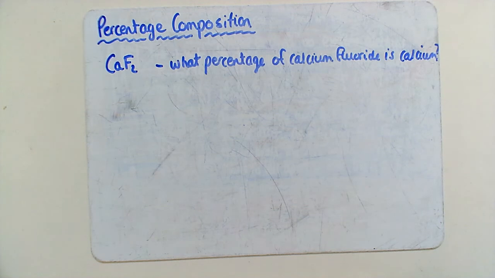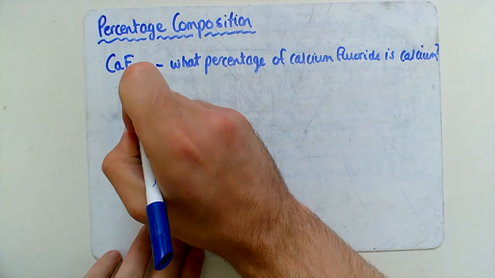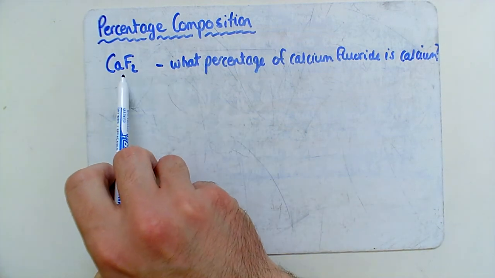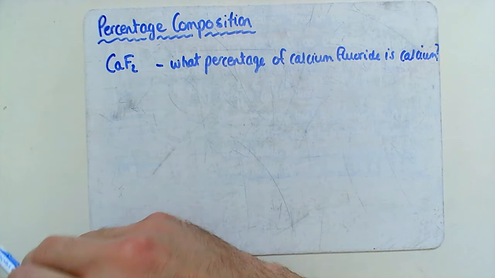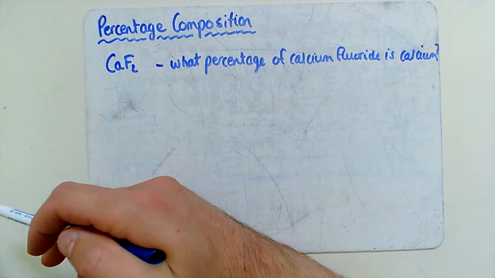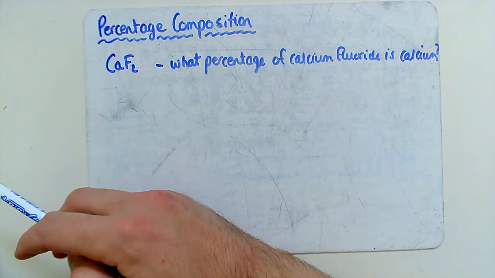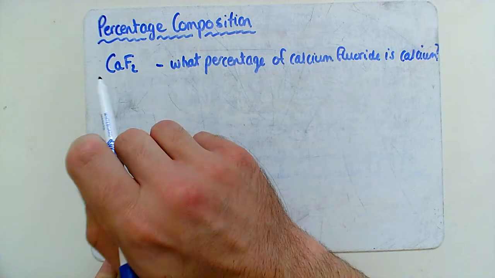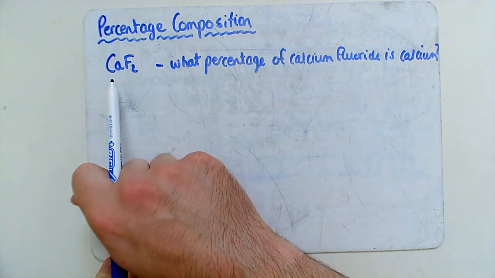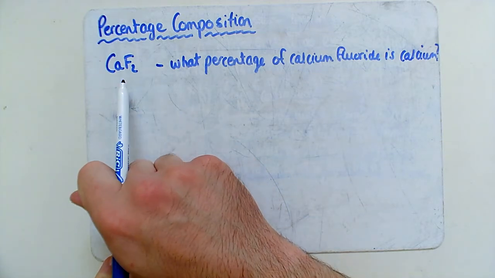Now, that might seem like a simple question. You could say, well, there's 3 atoms inside it, 1 of calcium and 2 of fluorine, so a third of it is calcium, which would be about 33%. But that's not how we can do this, because calcium weighs a lot more than fluorine.